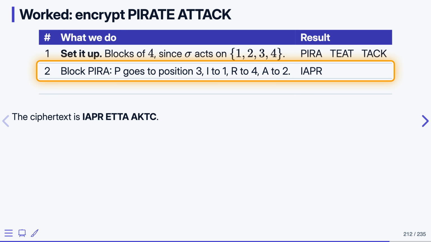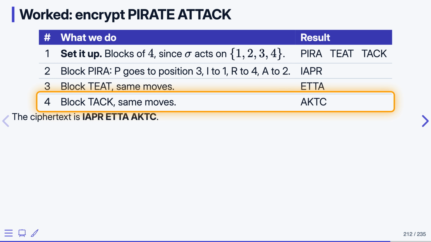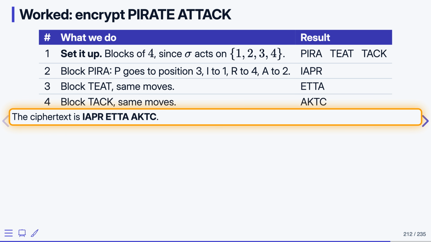The letter in position 2 is I, and it moves to position 1. R moves to position 4. A moves to position 2. Reading the new block in order gives IAPR. Step 3, do the same to TEAT. It becomes ETTA. Step 4, and TACK becomes ATKC. So the ciphertext is IAPR, ETTA, ATKC.